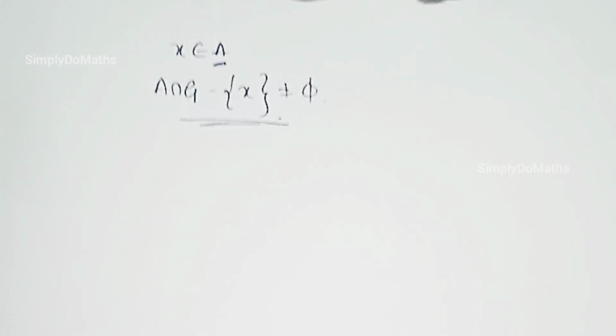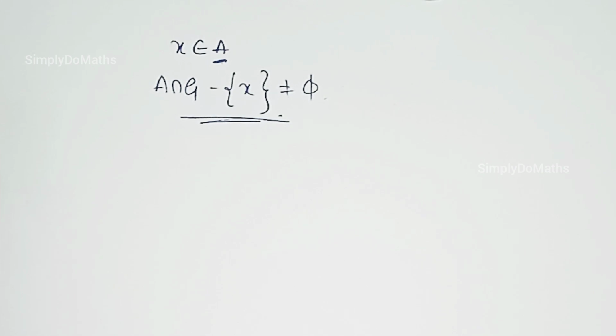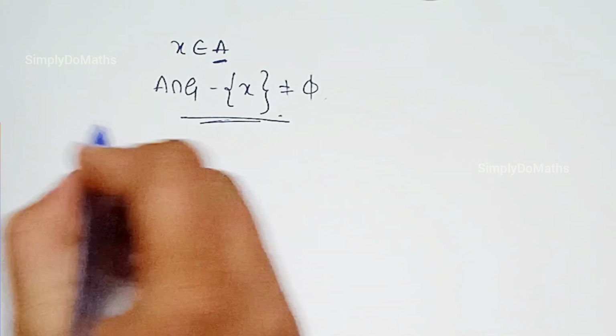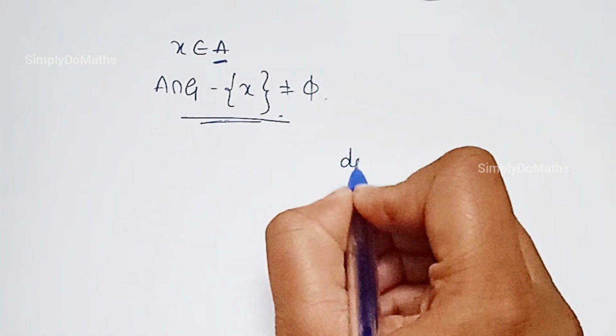So let's learn something more about this. The set of all limit points of A is called the derived set.